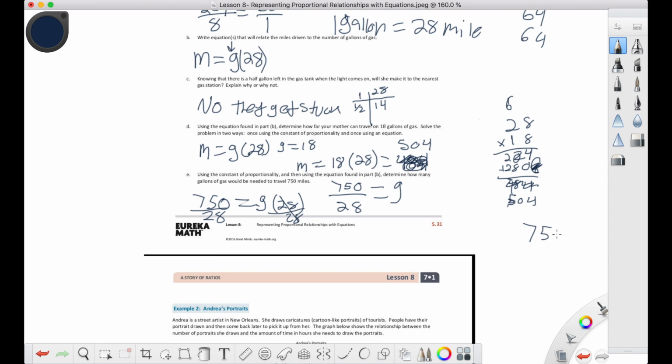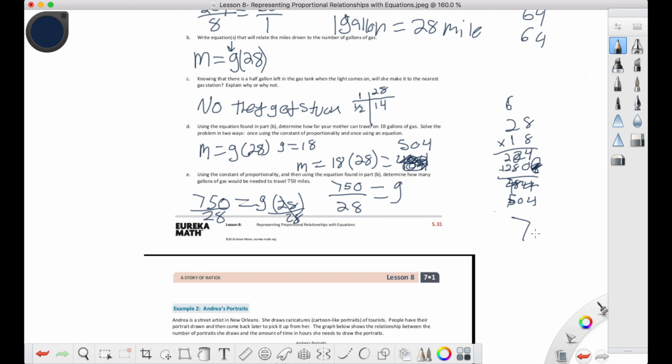Let me redeem my arithmetic skills over here. Okay, so we're going to do 750 divided by 28. 28 goes into 75 twice. 28 times 2 is 56. So this is 56.